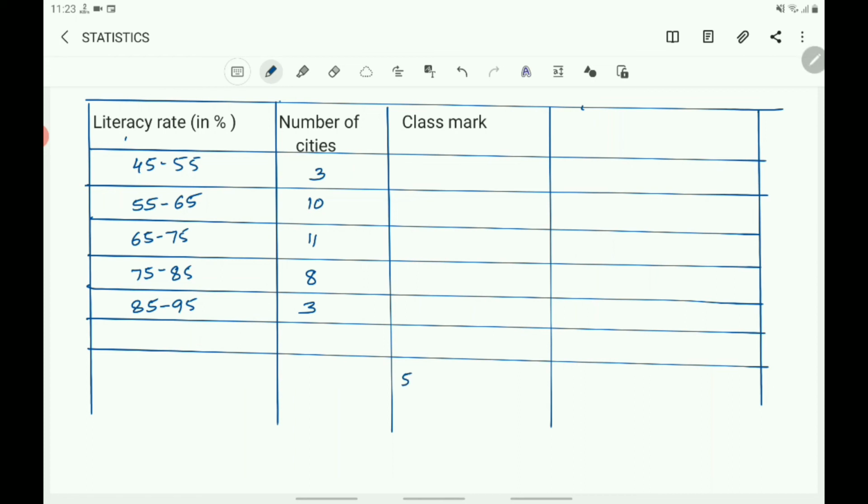First one, 55 plus 45 by 2. 55 plus 45 is 100 by 2, you will get 50. Next you can add 10 to 50, you will get 60, or otherwise verify. 65 plus 55 by 2, that is 120 by 2, you will get 60.